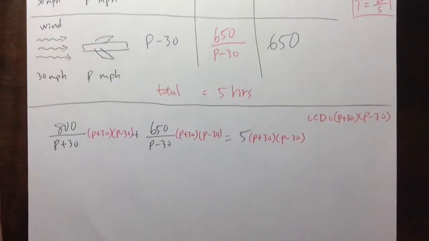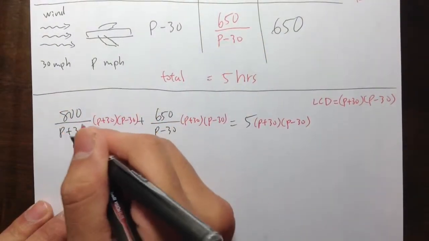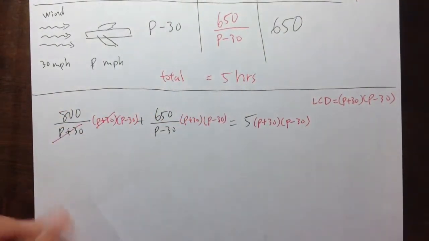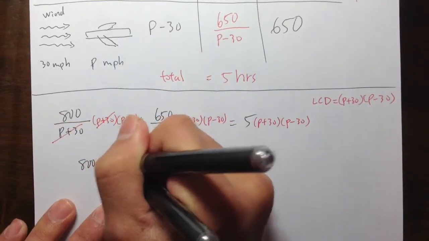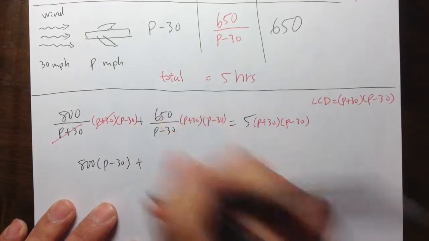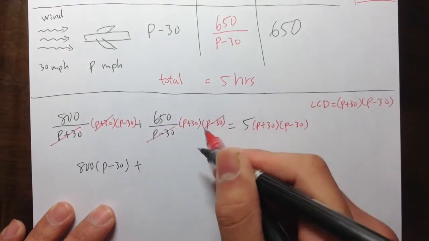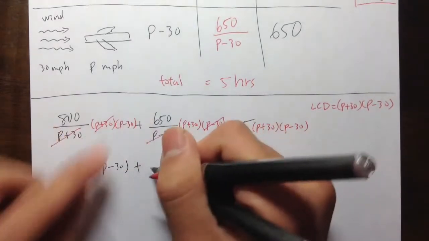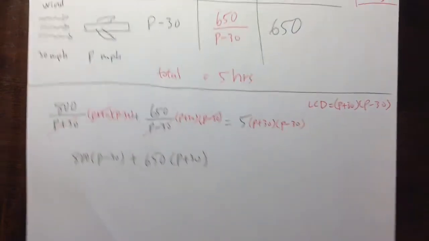Let me just solve this completely, and then I'll probably do it faster. First of all, the p plus 30 factors cancel out. So technically I just have 800 times p minus 30 plus, since p minus 30 cancels out, 650 times p plus 30.